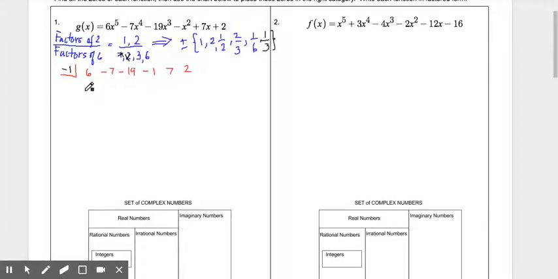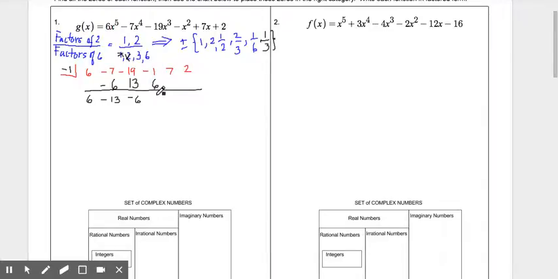So we can test if 1 is a 0, and we will find out that it's not going to give us a 0. So we're going to try now -1. So -1, we bring down 6. 6 times -1 is -6. -7 minus 6 is -13. -13 times -1 is +13. -19 plus 13 is -6. -6 times -1 is +6.